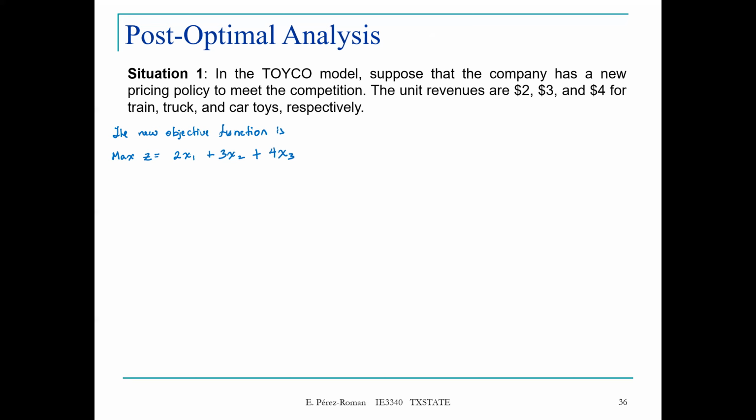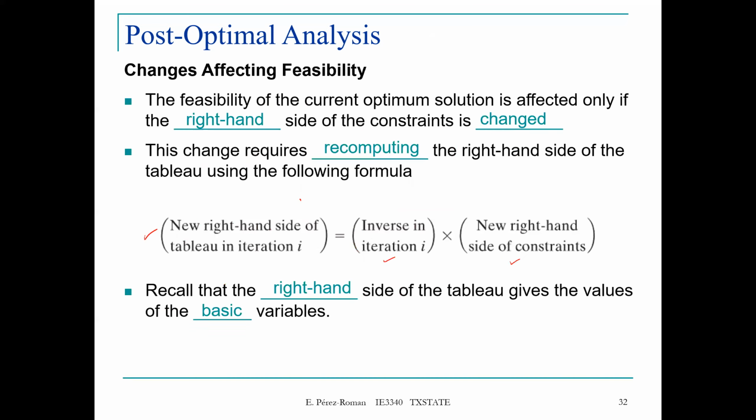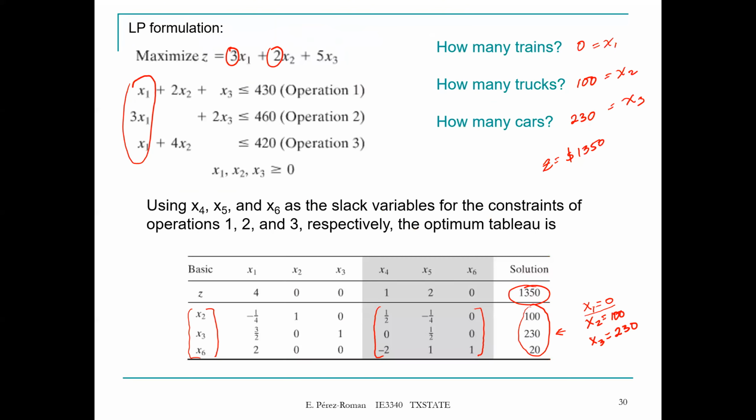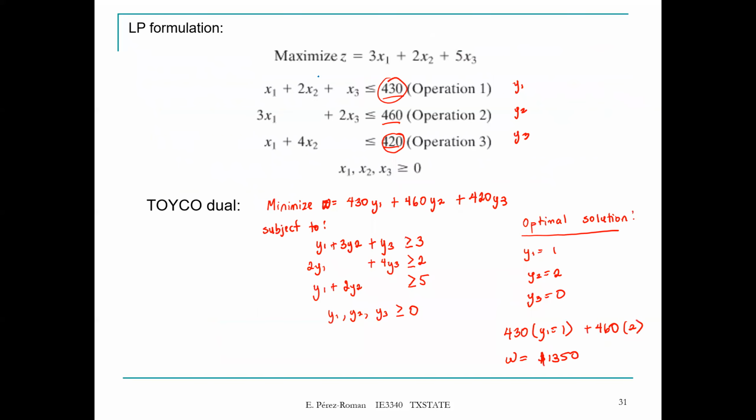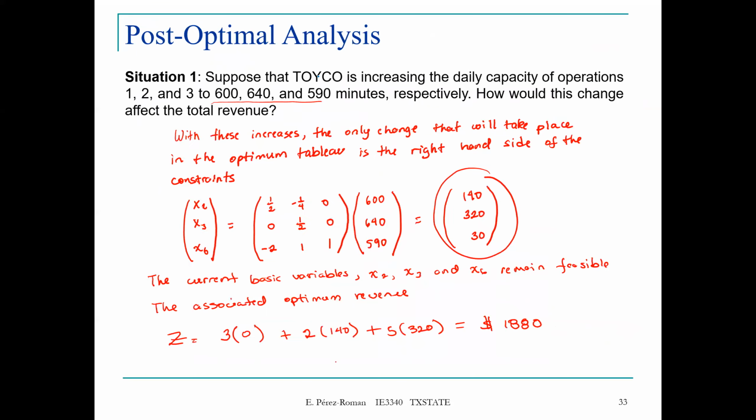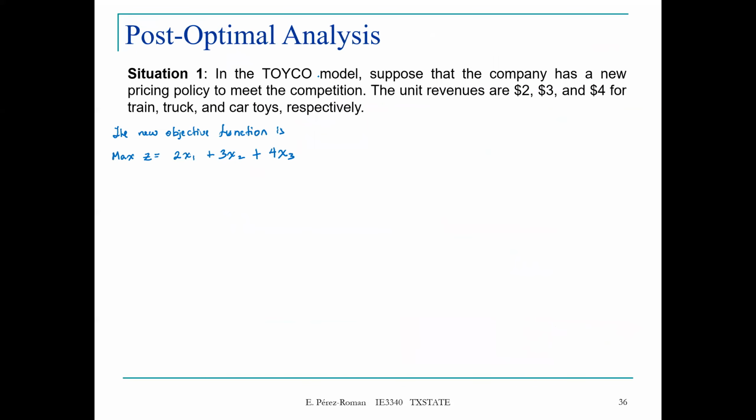We remember the original objective function has 3, 2, and 5 as the coefficients. So those prices are being changed in this example. Now the new prices are 2, 3, and 4.